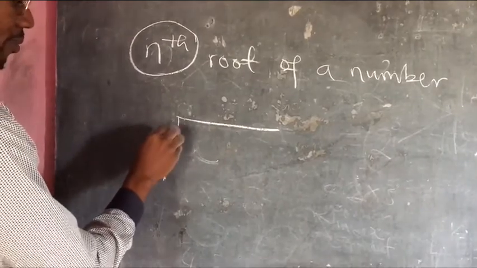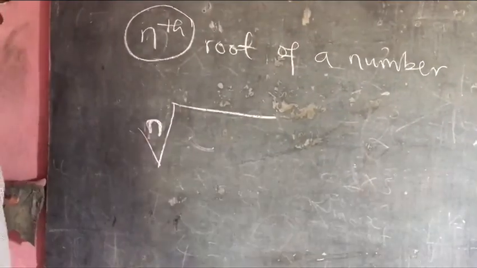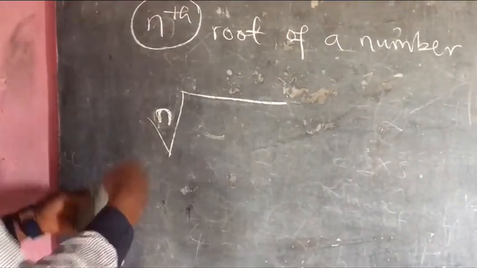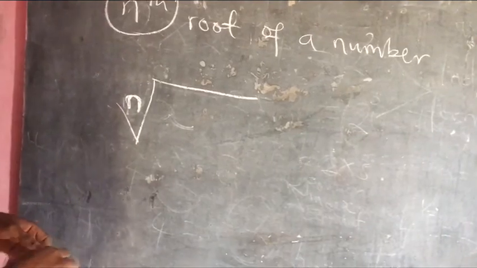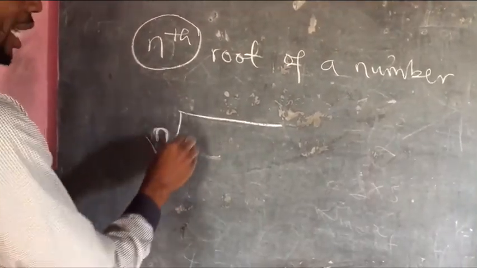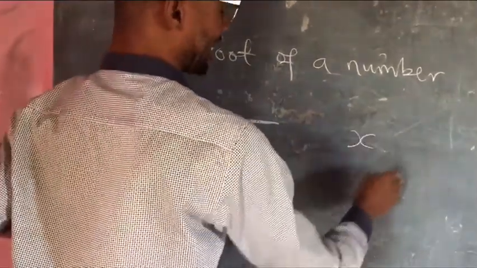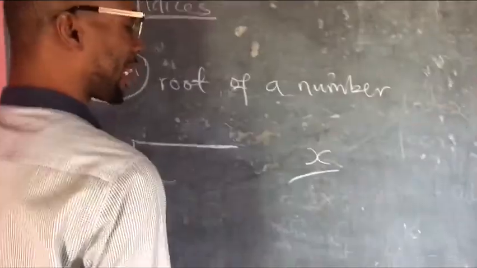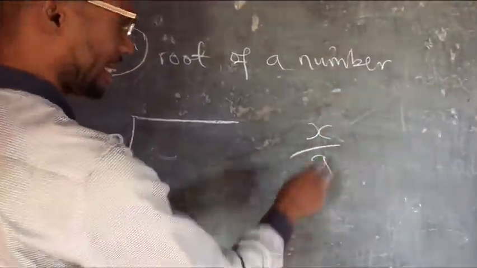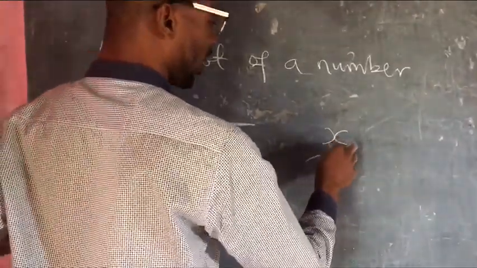So if I am looking for the nth root of a number, I will just decide, or as the situation decides, that I look for the nth root of the number. So now we denote the nth root. If I have a number x, it means how many times I will divide it by this number to get this number. How many times will I divide?